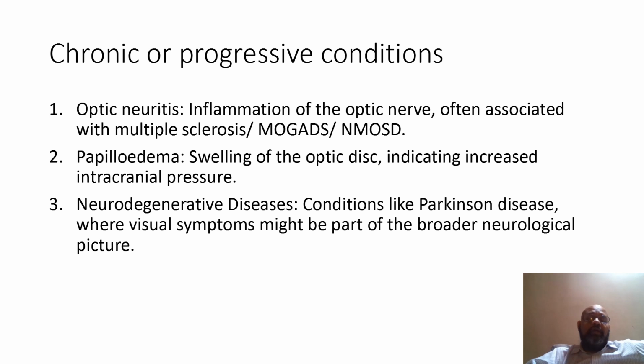Papilledema, again, is an absolute indication for a referral, which means a chronic papilledema, of course. Neurodegenerative disorders such as Parkinson's disease might present with certain visual symptoms. An example would be atypical Parkinsonian syndromes such as progressive supranuclear palsy, which might present with vertical gaze palsy, which affects down gaze.